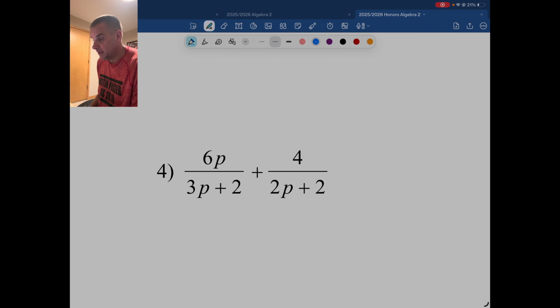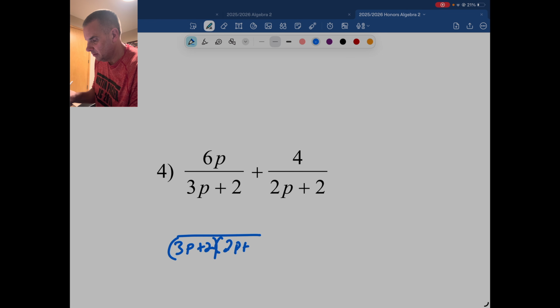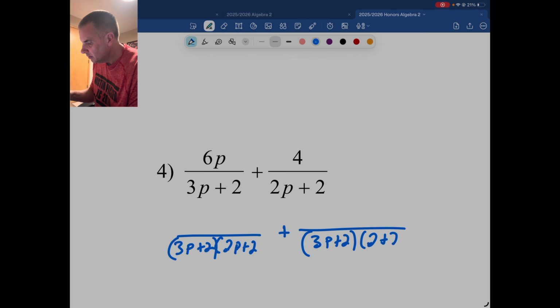Everything's factored, nothing we can do there. So our common denominator is going to be 3p plus 2 times 2p plus 2. I'm just going to go ahead and write it again. If I compare my denominators, I've multiplied in there p plus 2.